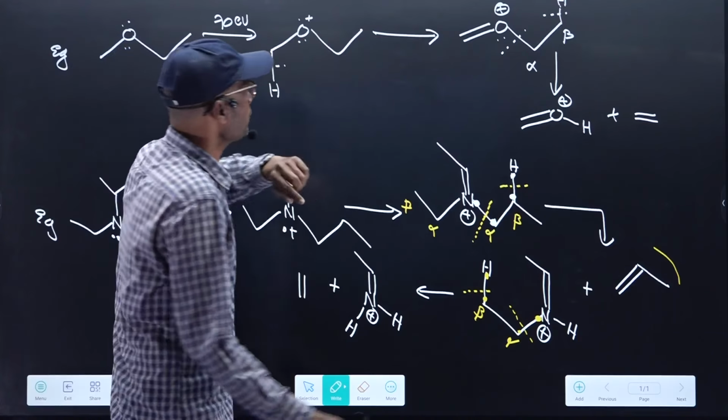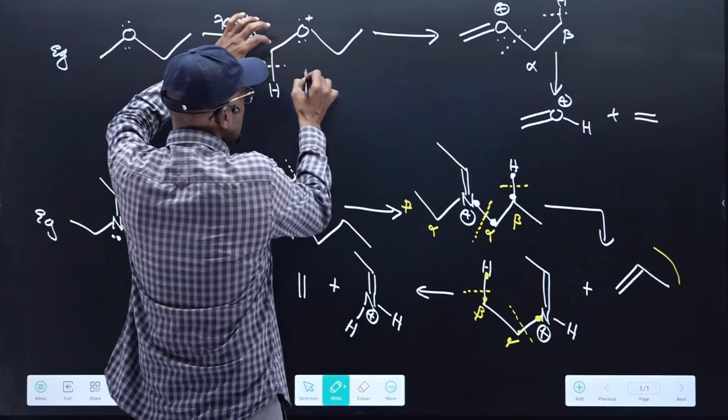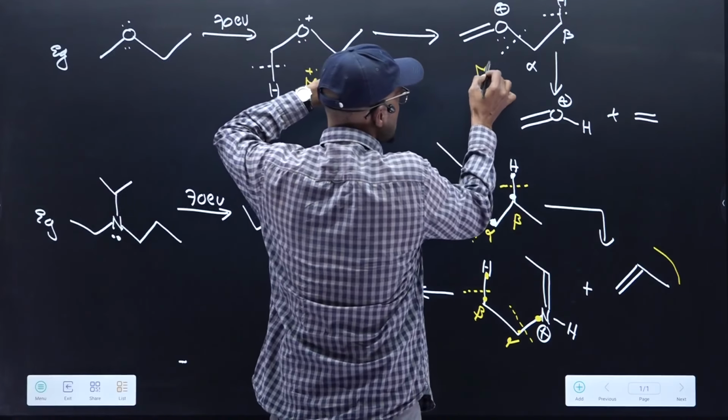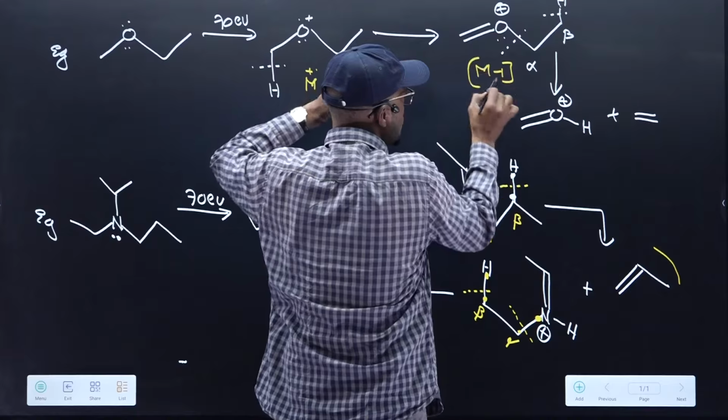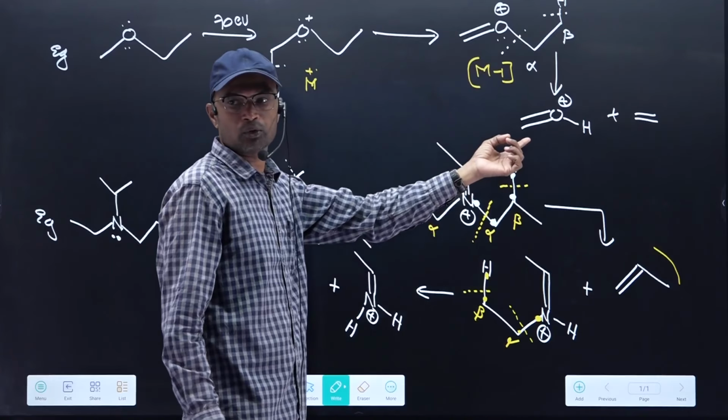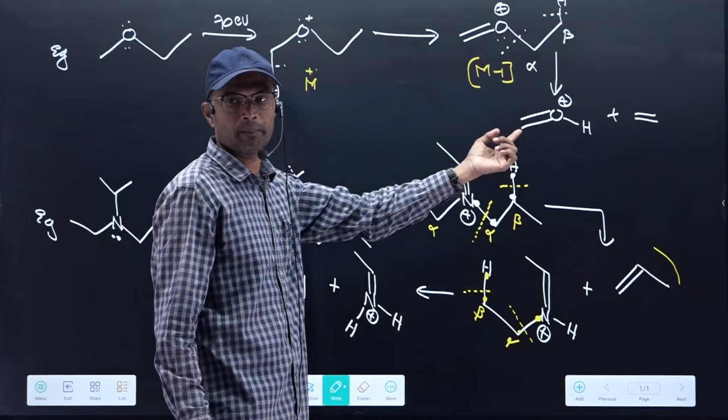So from here to here, what are you expecting? This is molecular ion. Molecular ion losing one hydrogen. So I can say M minus 1. Is it M minus 1? Now you will get one molecule. So what is the m/z value of this one?